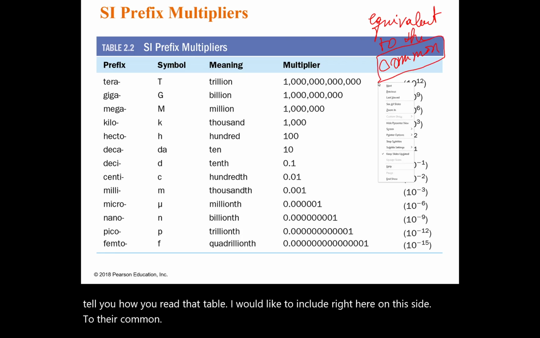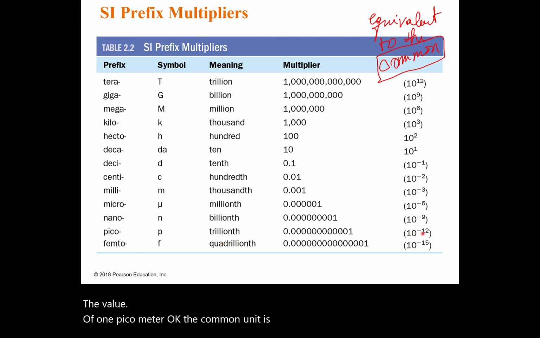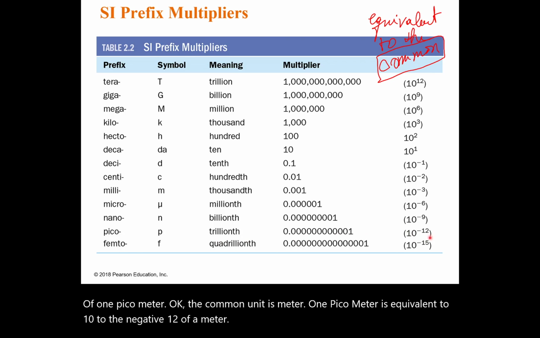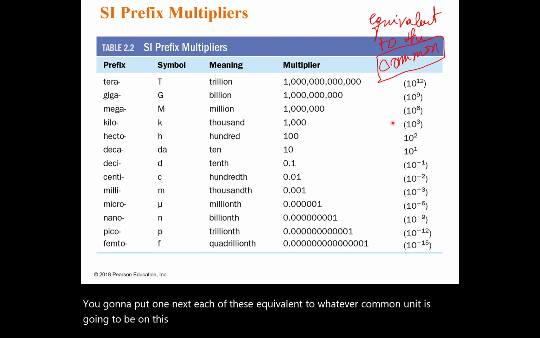So for example, if I am looking at the value of 1 picometer, the common unit is meter, 1 picometer is equivalent to 10 to the negative 12 of a meter. Okay, so the way this works, you're gonna put 1 next to each of these, equivalent to whatever common unit is going to be on this side. Okay, so that's the way you're gonna read that table.